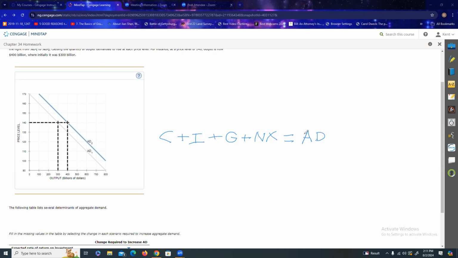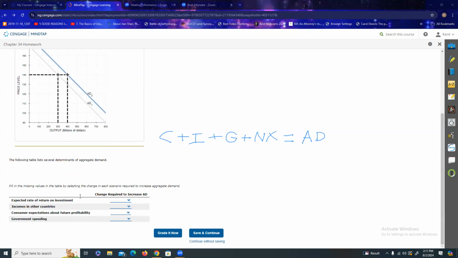Okay, so what it's asking now is what change is required to increase aggregate demand? In other words, what would cause this curve to shift out to the right?